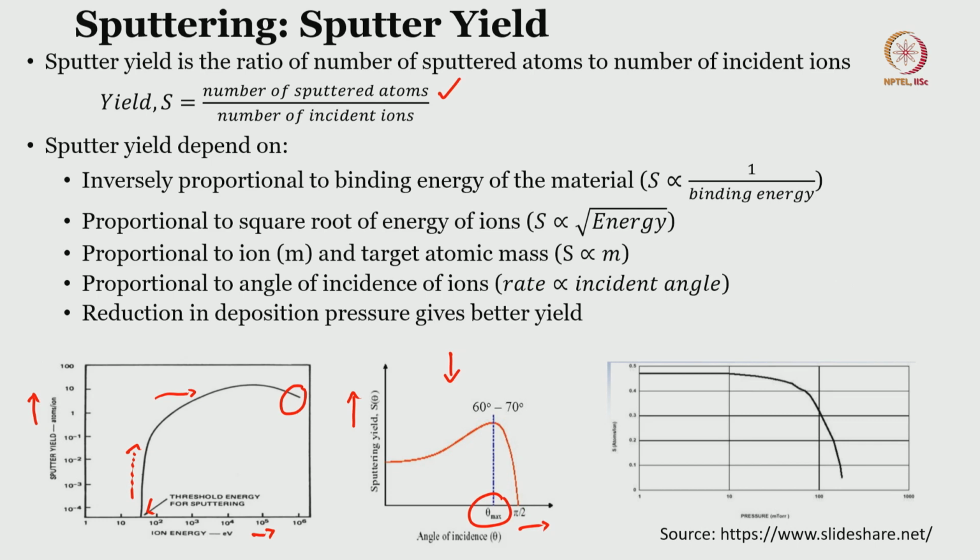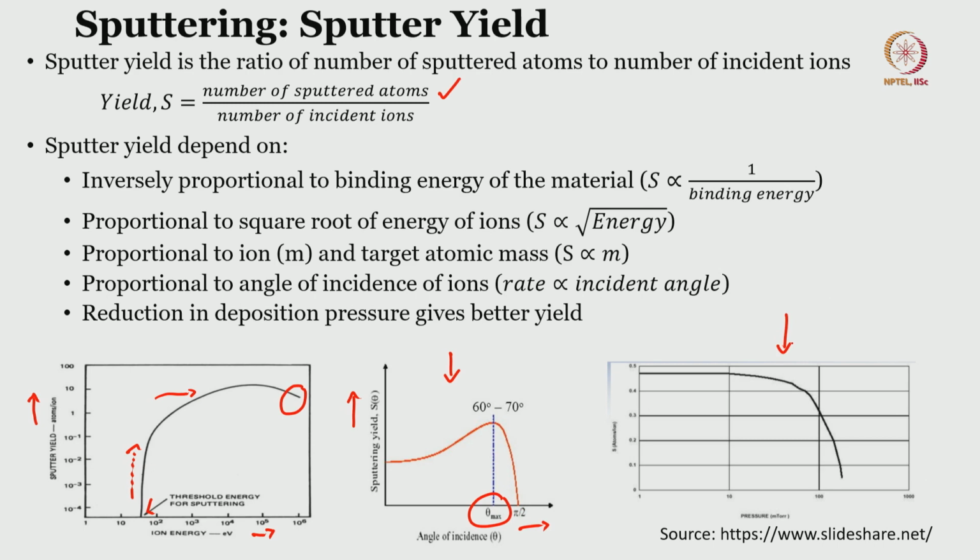You can see that between 62 and 70 degrees the sputtering yield is maximum. Finally, with pressure, what happens? As you reduce the deposition pressure, the yield is higher.